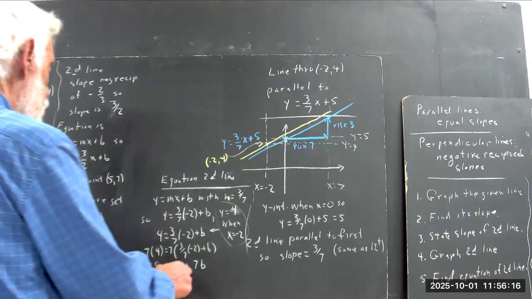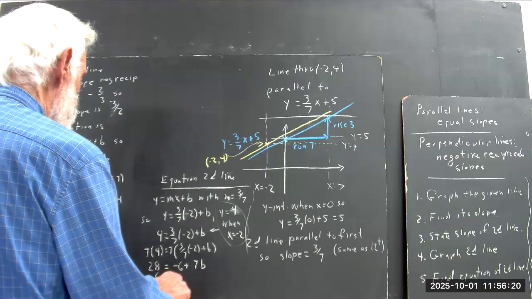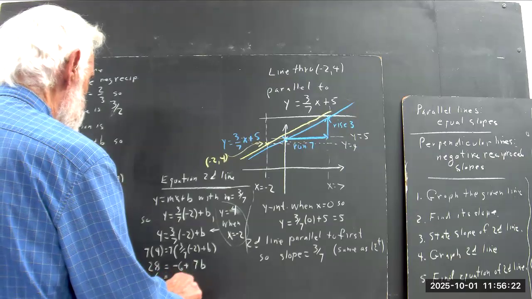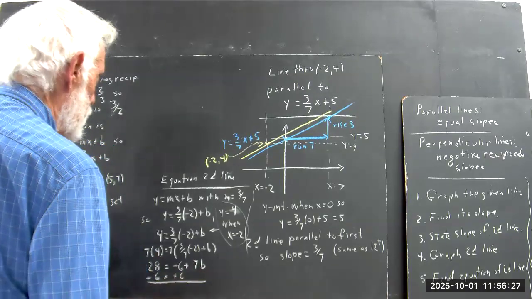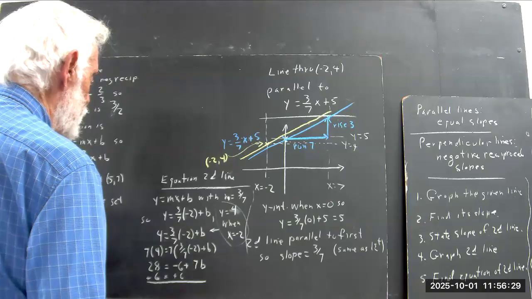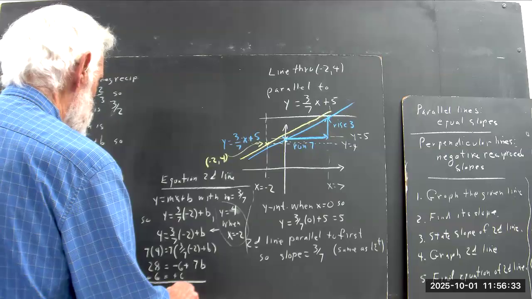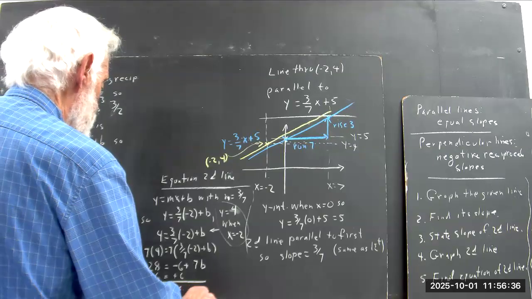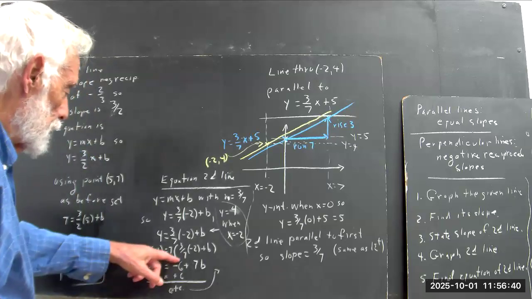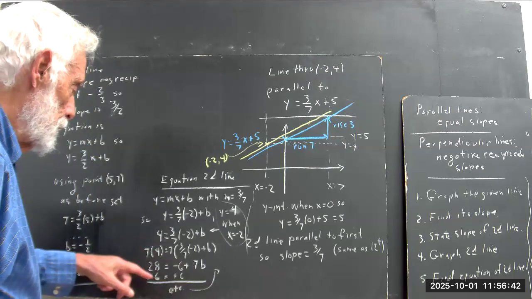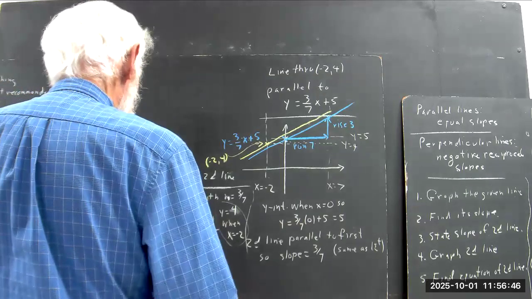Okay, now I add 6 to both sides. I'm going to put an et cetera here because I'm out of room. But it's pretty clear that the -6 and the 6 is going to leave me a 7b here. 28 and 6 is going to give me 34.